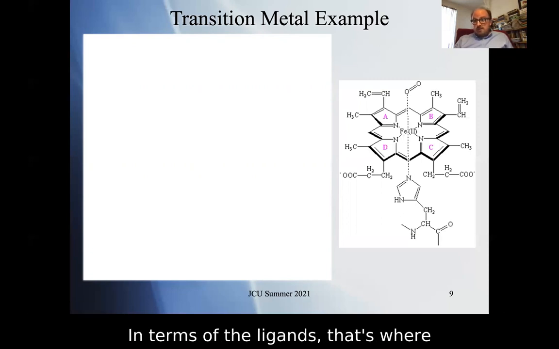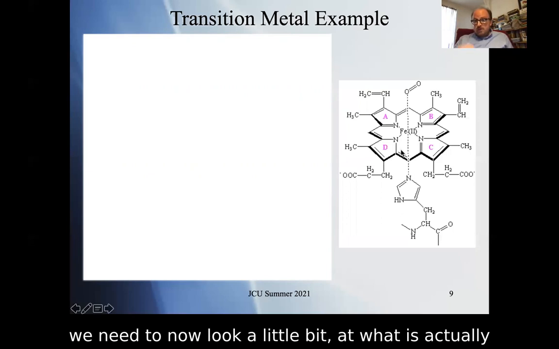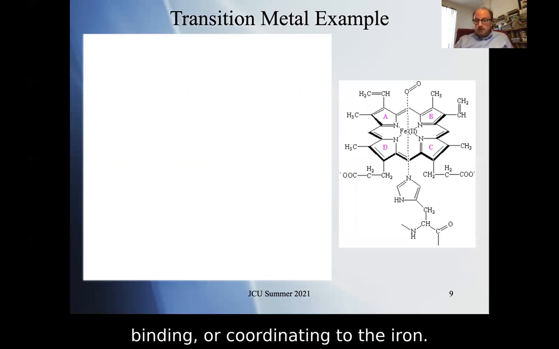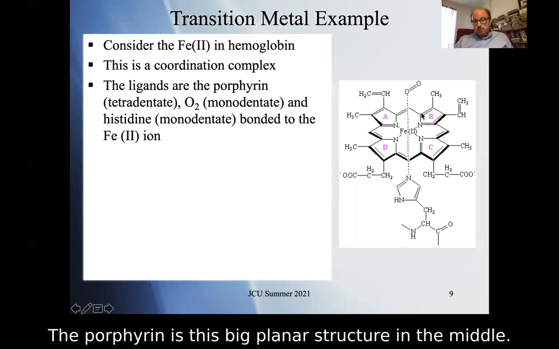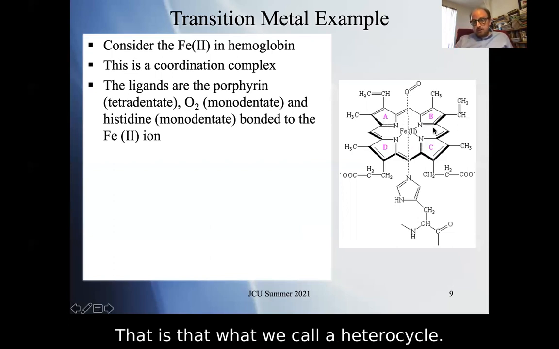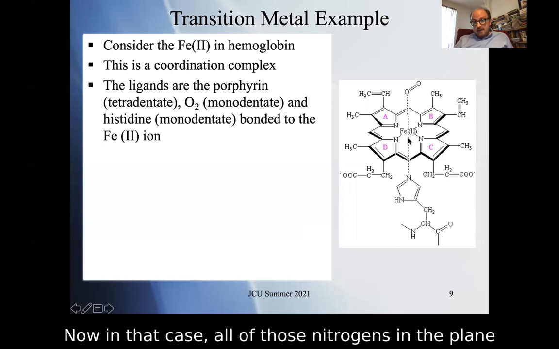Now, in terms of the ligands, that's where we need to look at what is actually binding or coordinating to the iron. The ligand at play here is the porphyrin. The porphyrin is this big planar structure in the middle, that circular heterocycle.